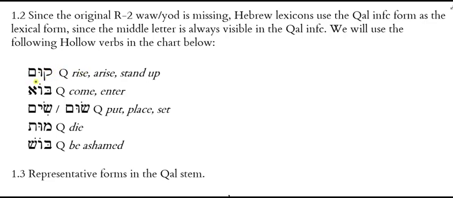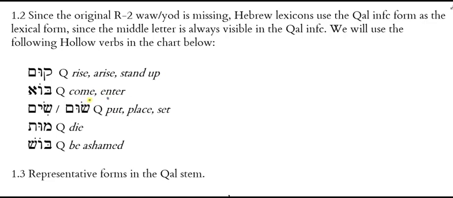So qum is the infinitive construct and the lexical form. And notice there's a vav in the middle here with that shureq, and so this would tell you that this is actually a two vav verb. Bo has a vav in the middle, so that's a two vav. Sim is going to usually come about as a middle yod verb, although sometimes it's treated like a middle vav verb, and so you may see either of these as the lexical form. So qum is to arise, to rise, to stand up.